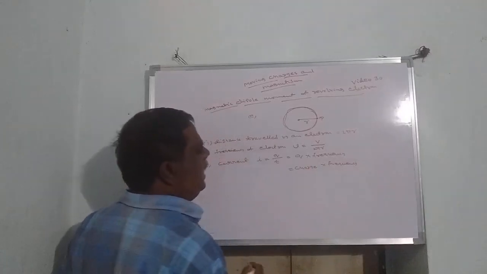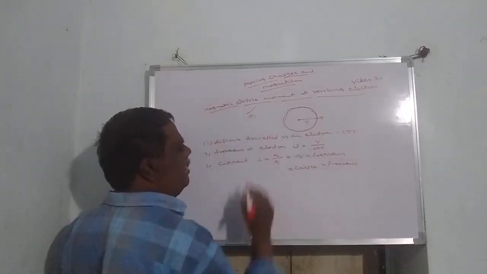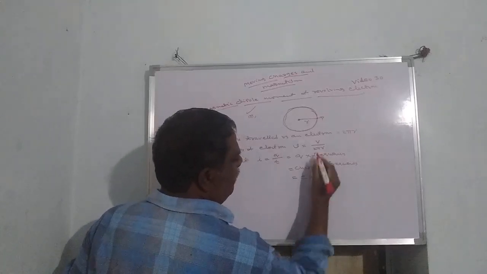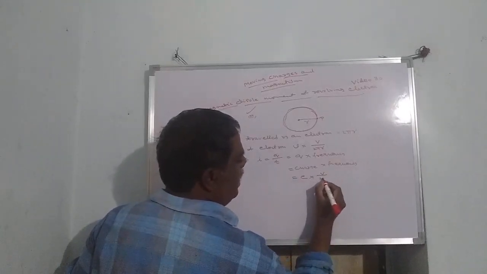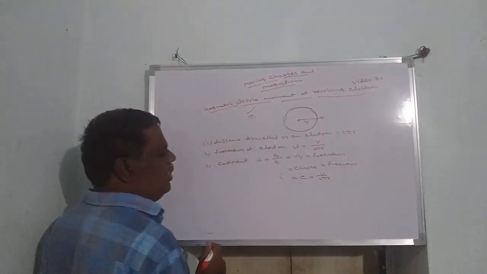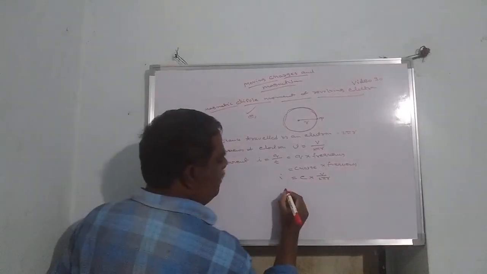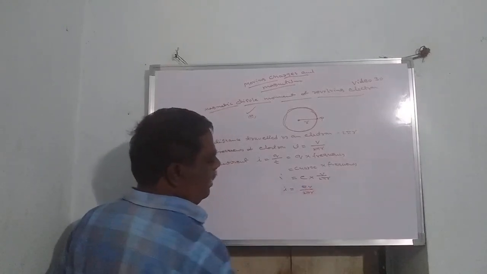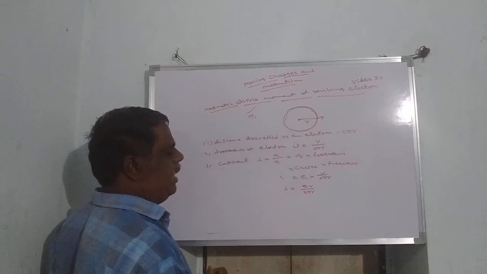Let us say charge of electron should be denoted with e. That means e times frequency value v by 2 pi r. Therefore current I is equal to ev by 2 pi r.